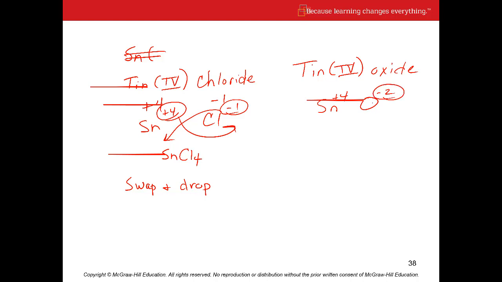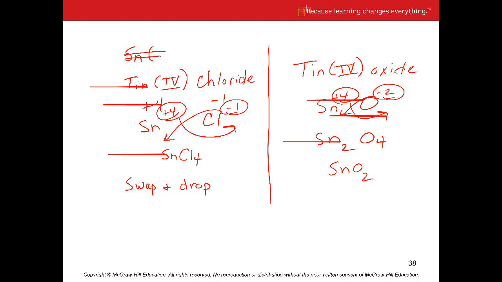The 2 would go here, and the 4 would go there. But if I get something that will divide by a number, I have to reduce it. So instead of Sn2O4, it would just be SnO2. This is just an alternative way of doing it, and it works every time.